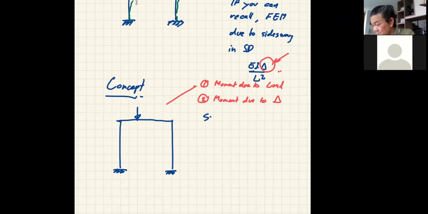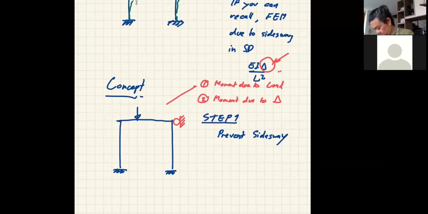Okay, so step number one, we are going to prevent the side sway by adding the support like that. Or, doesn't matter, you can add a hinge or roller.